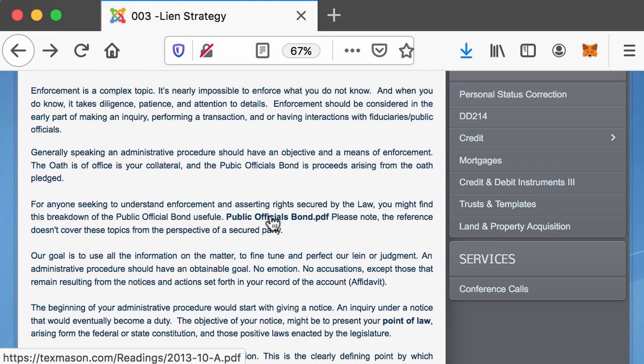When you are doing administrative procedure, you are perfecting your claim, which is kind of like getting a judgment in the private before you get to court, if you get to a court. This is unlike a traditional proceeding where you get your judgment at the court.